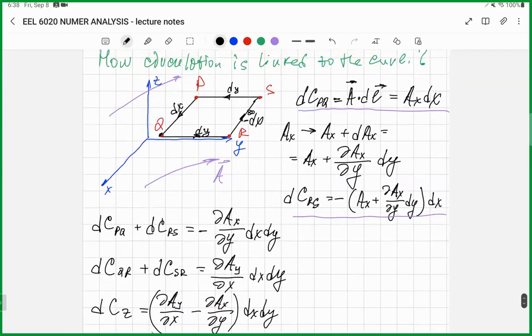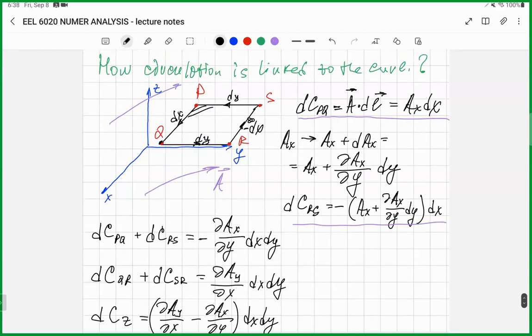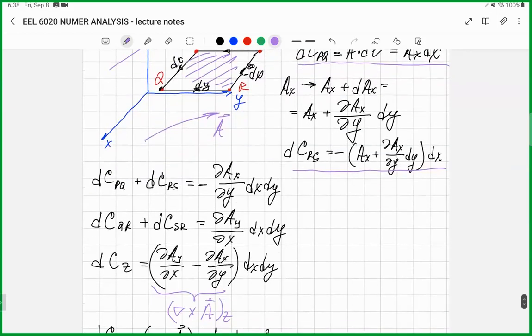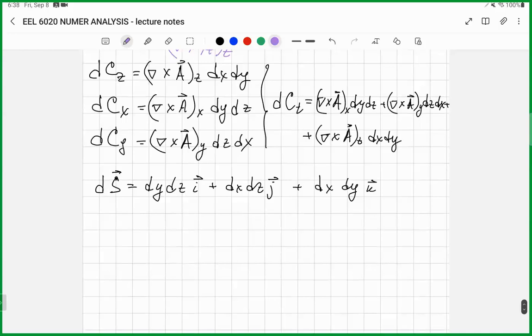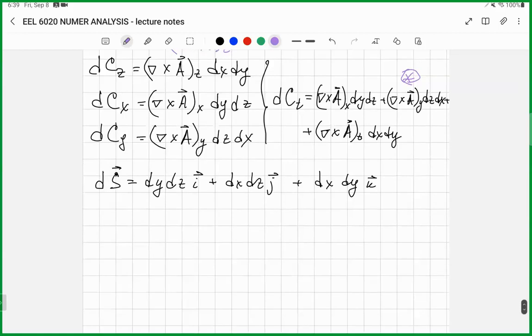Which surface? Basically, this surface, surrounded by this integration path. And I immediately recognize that this formula here can be written as a scalar product of two vectors. Like this, right?